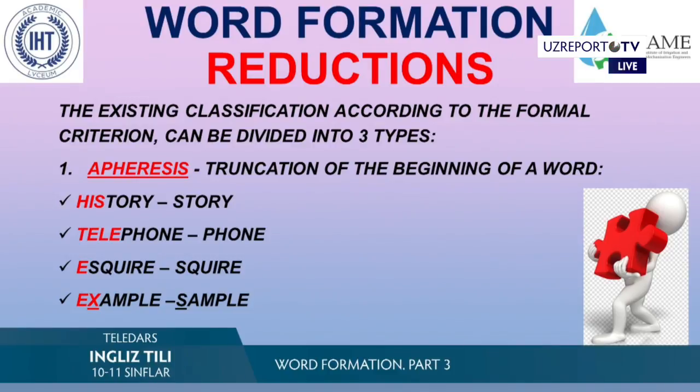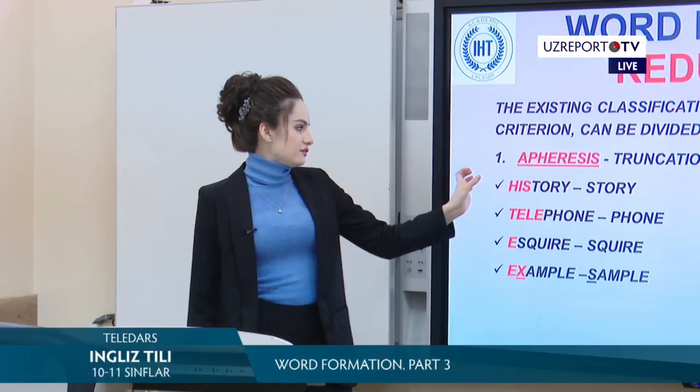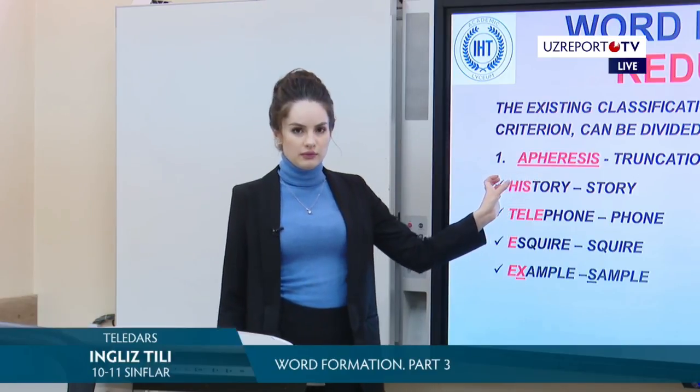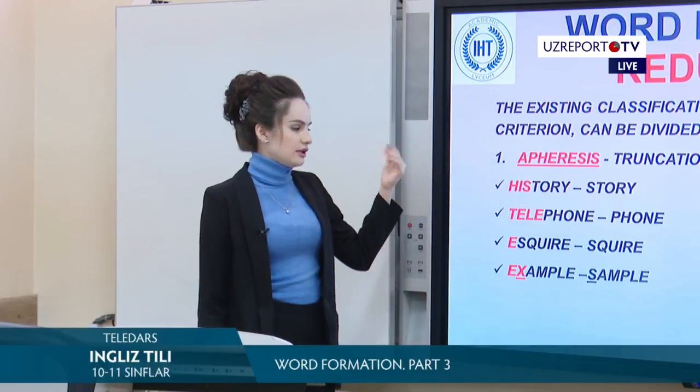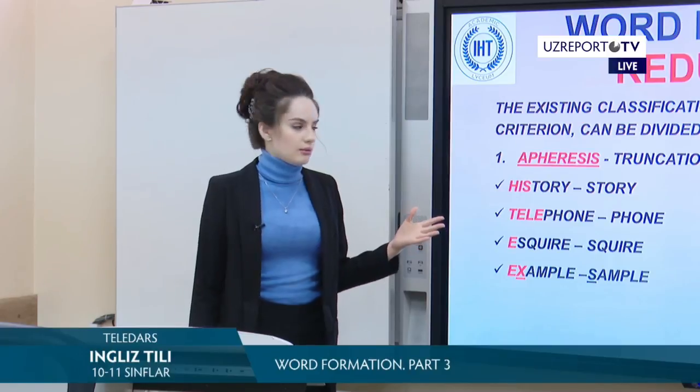Truncation means omission. It means that you exclude the beginning of the word. Like in these examples. Look. History instead of history, you just leave story. The first two letters are omitted, but anyway, it's understandable.